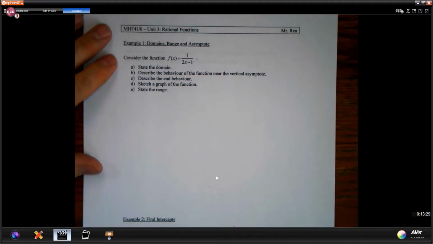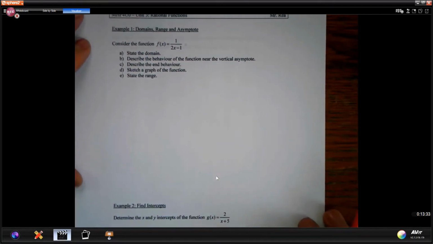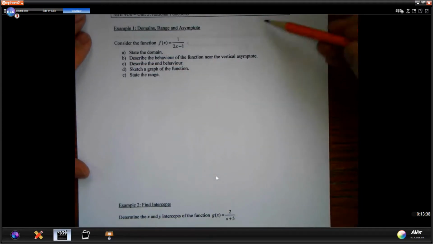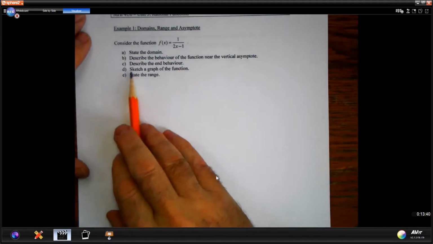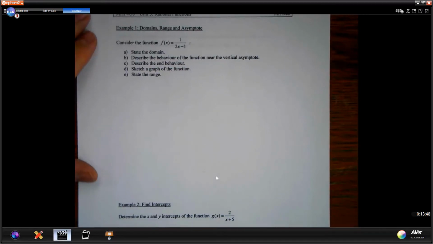Okay, now I didn't really leave a lot of room here for the amount of work that we're going to do, so it might seem a little bit squished. I'm actually going to do the graph over here, which is part D, but for this first example, I really wanted to show you how we come up with the values instead of just using what you'll probably do in your homework and in future lessons.